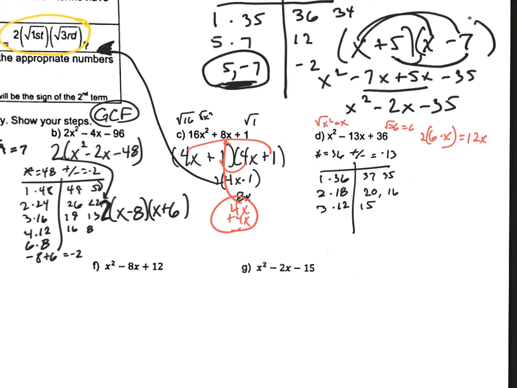Nope, that's 15 or 9. Oh, 4 times 9. There we go. So if we make it -4 plus a -9, that'll give us -13. So we're going to split up the x squareds, and now we know we're going to use -4, -9.